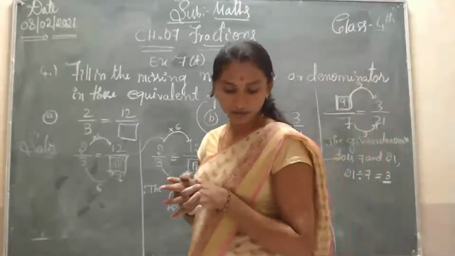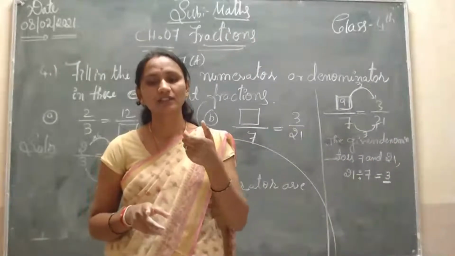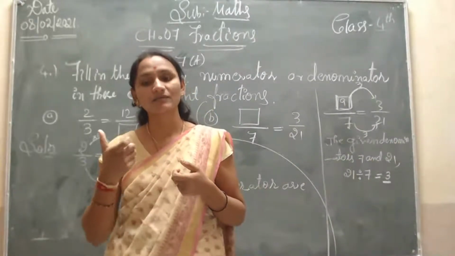So what is the definition of like and unlike? It is a very easy concept. Like fractions mean the same denominator.